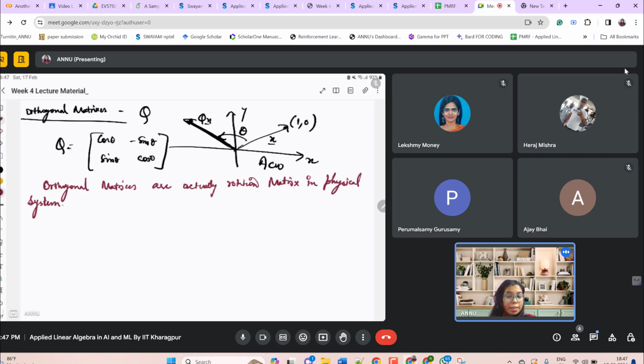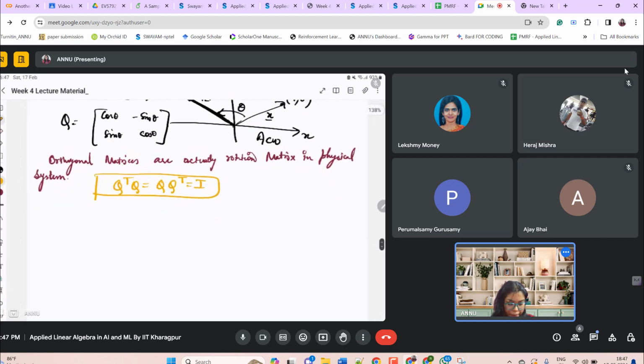What are the properties that this follows? First and foremost, Q transpose Q equals Q Q transpose equals I. This is the property of an orthogonal matrix.